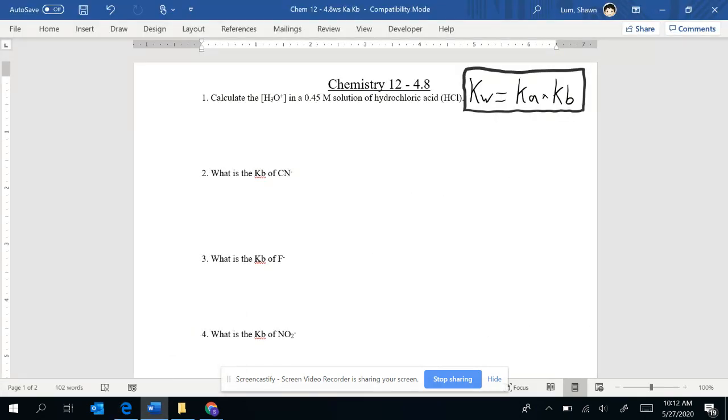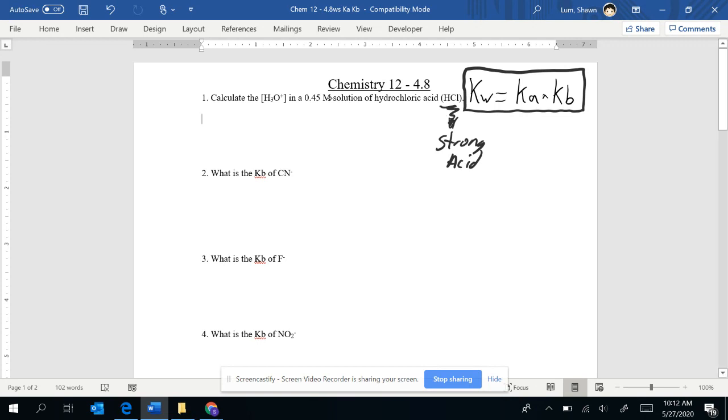The first question is actually from the last section. It says: calculate the hydronium concentration in a 0.45 molar solution of HCl. Remember, this is HCl, a strong acid, so it 100% ionizes.